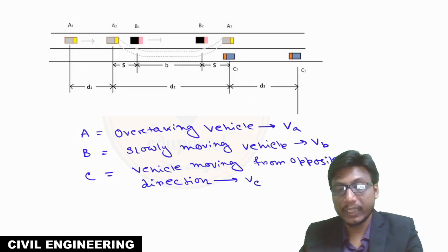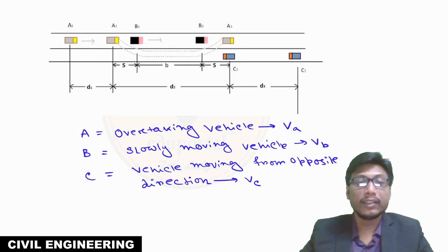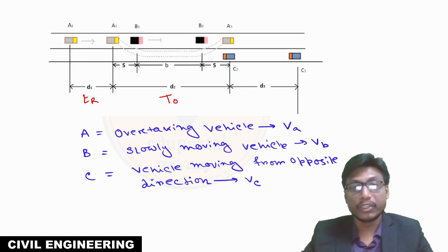Now see here, this is D1. D1 is the distance traveled by the overtaking vehicle in the reaction time TR. D2 is the distance traveled by the overtaking vehicle during the time T, that is, during the overtaking operation.